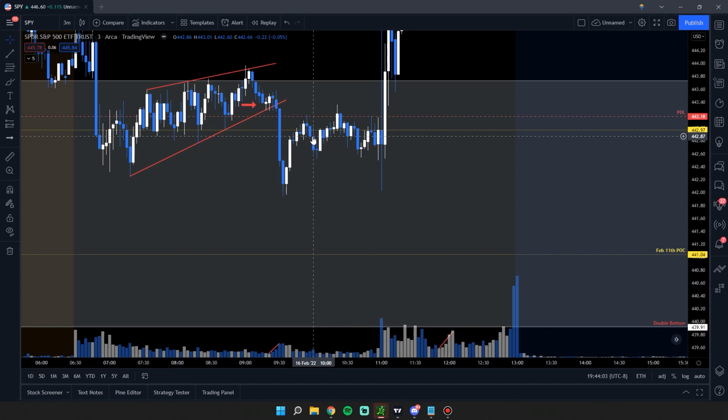But with options, you have theta decay, which I'm sure you all know, which eats away at your contract, and you can't stay in that trade forever without the contract going to zero, which it will. And so a lot of newer option traders make that mistake of averaging down into trades.